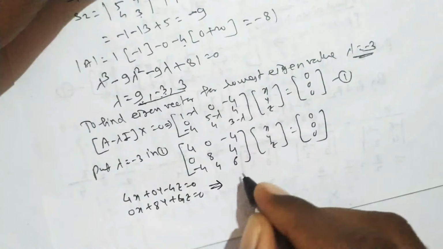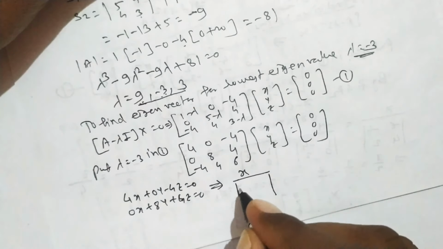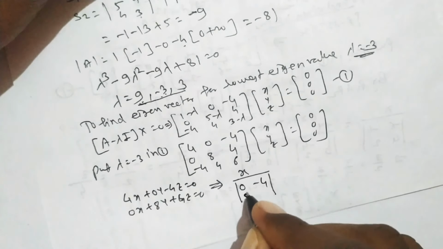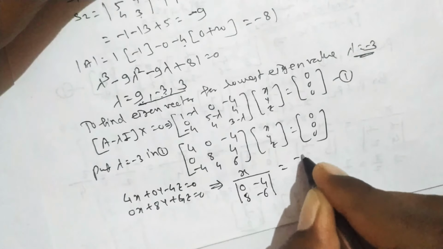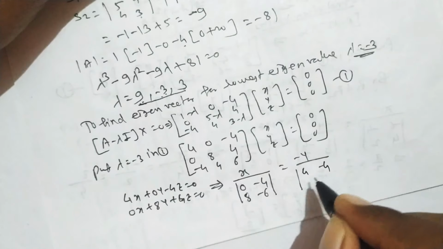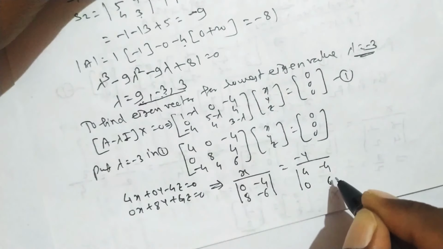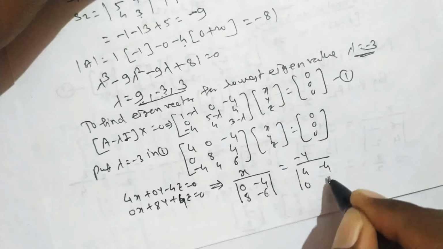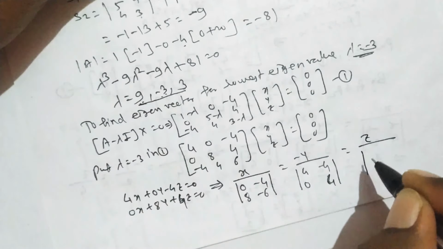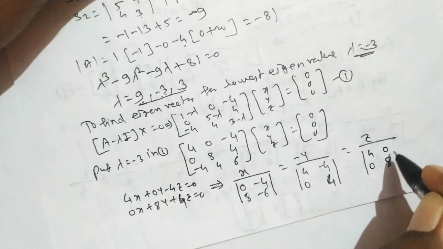Using Cramer's rule. We write x upon the determinant of the coefficients of y and z, from the first equation 0 minus 4, from the second equation 8 4, equal to minus y upon the coefficients of x and z, from the first equation 4 minus 4, from the second equation 0 4, equal to z upon the coefficients of x and y, from the first equation 4 0, from the second equation 0 8.